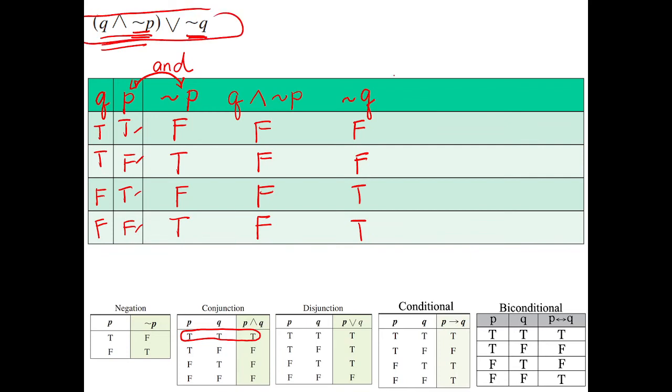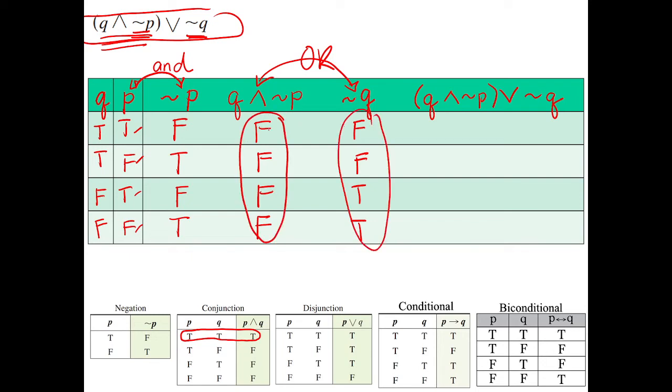Next, the whole thing. So, I have now Q and not P or not Q. This time, ang result ani niya, class, akong gi-or, kay mao man ni siya ang Q and not P nga column, and ang not Q nga column is this.